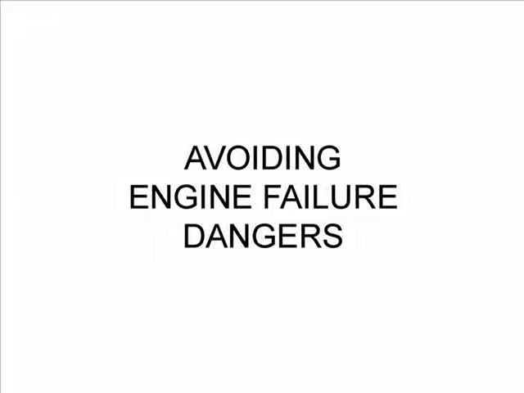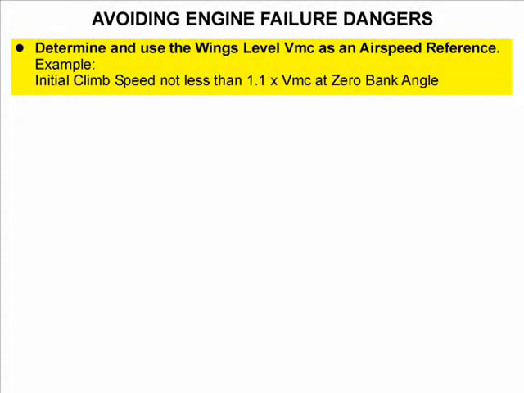Let's look at some ways to avoid these dangerous situations. First, determine and use the wings level value of VMC as an airspeed reference. For example, be sure your initial climb speed is not less than 10% above VMC at zero bank angle.